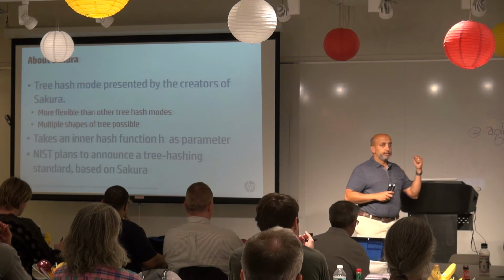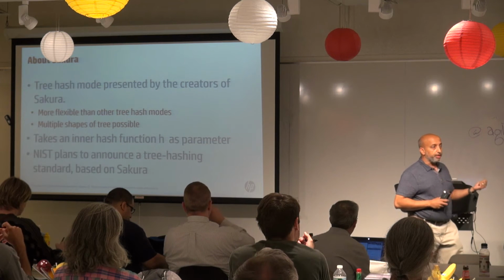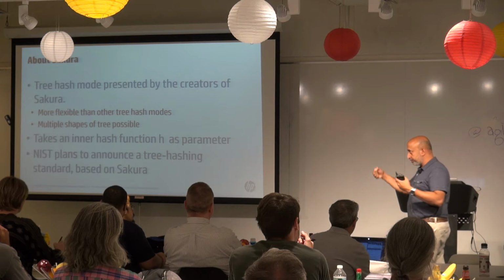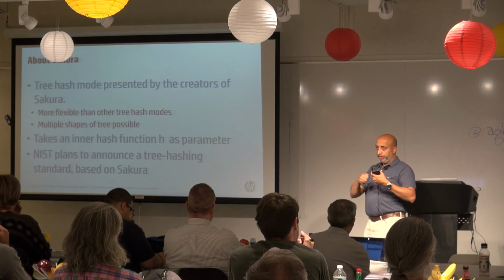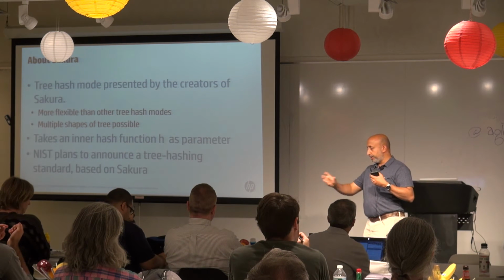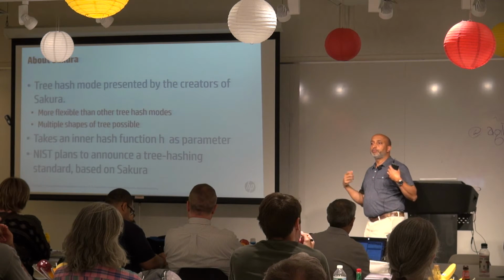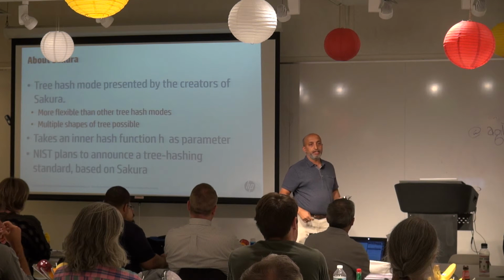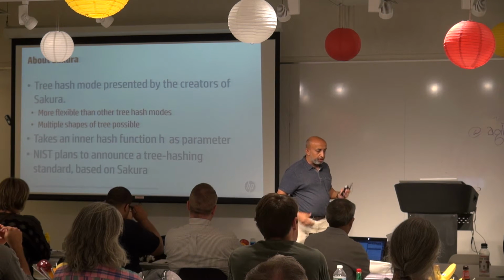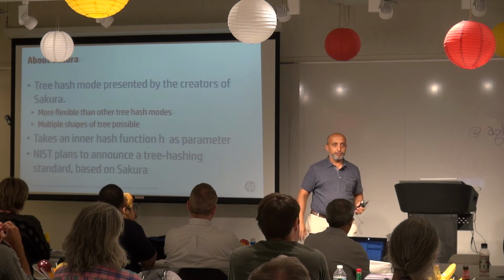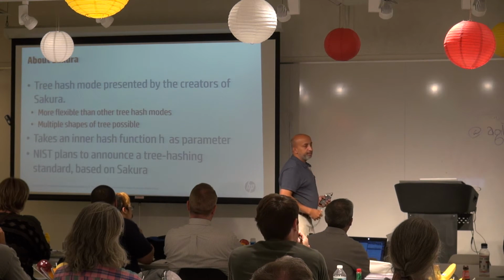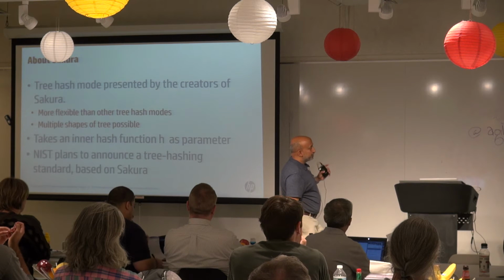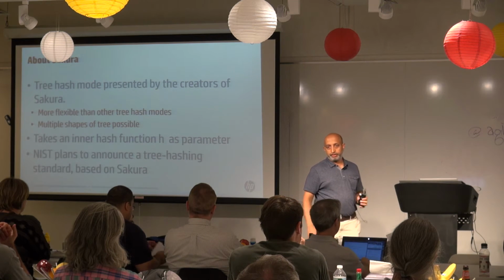And this kind of Sakura tree is parameterizable. The hash function that it uses to hash little blocks of your input is parameterizable. So you could take, say, SHA-384 as your inner hash function, or you could take your favorite new latest greatest hash function, and you could still use that with Sakura.